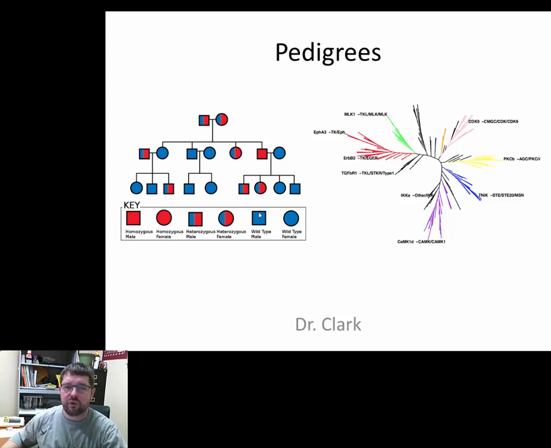But the more modern way to do pedigrees is to do actual genetic analysis. This first kind is just based on a physical character that you can track through time. This is based on genetic characters, actual genes, actual proteins that are produced. So you can get a lineage of different varieties that you might find within a population or a family group.